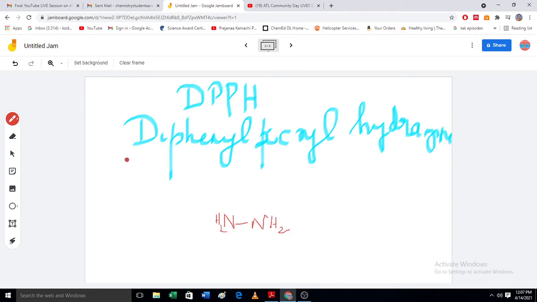In the hydrazine we have to insert the 1,1-diphenyl. I have to remove these two hydrogens and instead have two phenyl rings: one phenyl ring here, and another phenyl ring here.